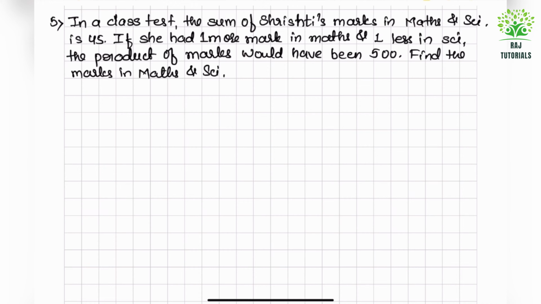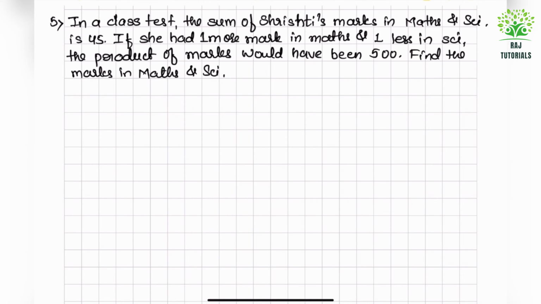Now the next question says, in a class test the sum of Shrishti's marks in maths and science is 45. If she had one more mark in maths and one less in science, the product of marks would have been 500. Find the marks in maths and science.